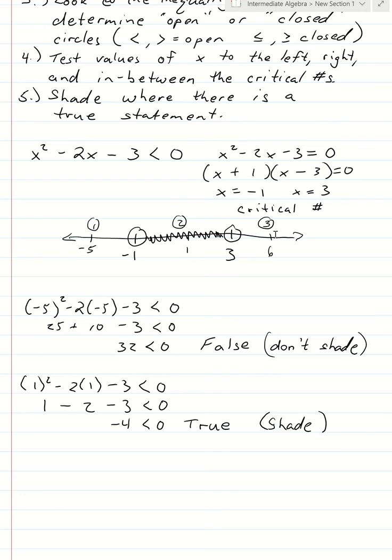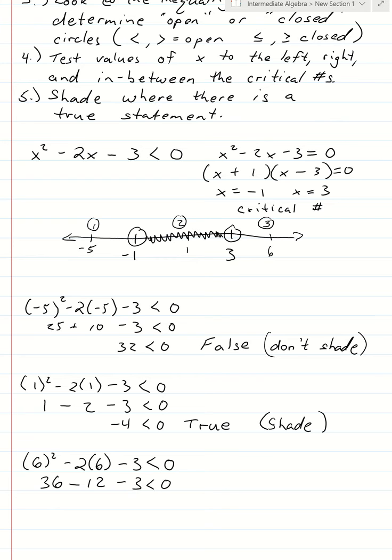Well, let's try out region 3 now. We have to test the value in region 3 that we chose, and that happened to be the number 6. So let's plug in 6 and let's see what happens. So now we have 6 squared minus 2 times 6 minus 3. Is that less than 0 according to the original inequality? Well, 6 squared is 36 minus 12 minus 3.